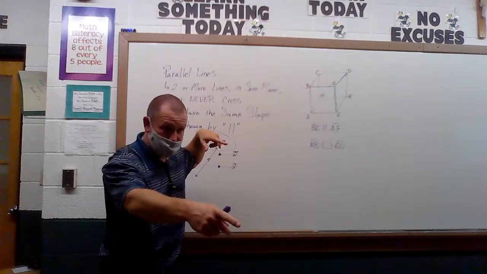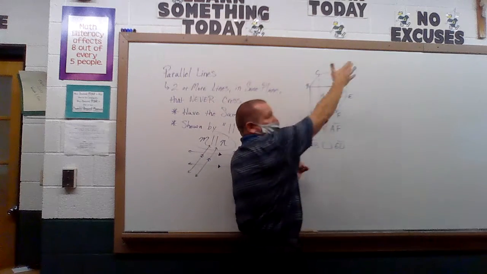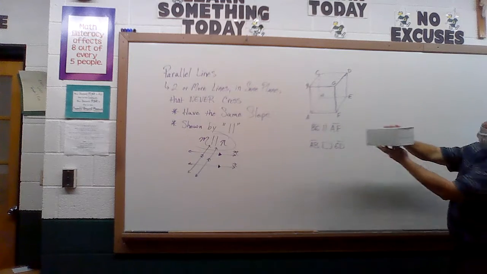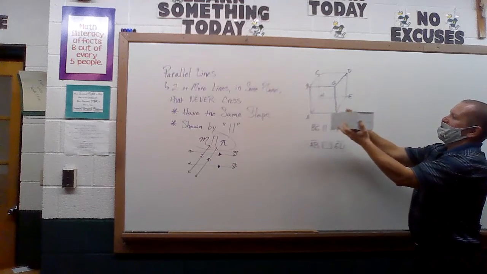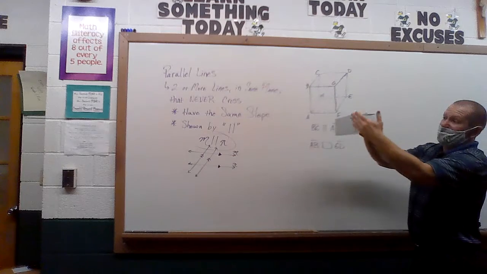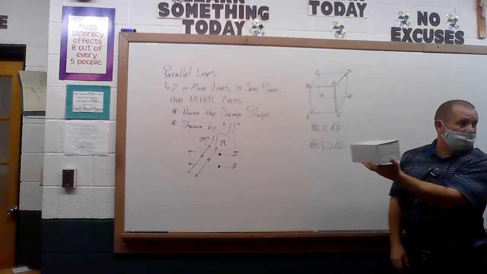Because this one's going up and down, this one's kind of going like this, but it's away from it, right? So if I had a Kleenex box, and I turn this Kleenex box into a cube, we're kind of looking at it like this right here. If this is BA and this is GD, if I extended this towards you guys, but then I extended this one up and down, would those two ever cross?